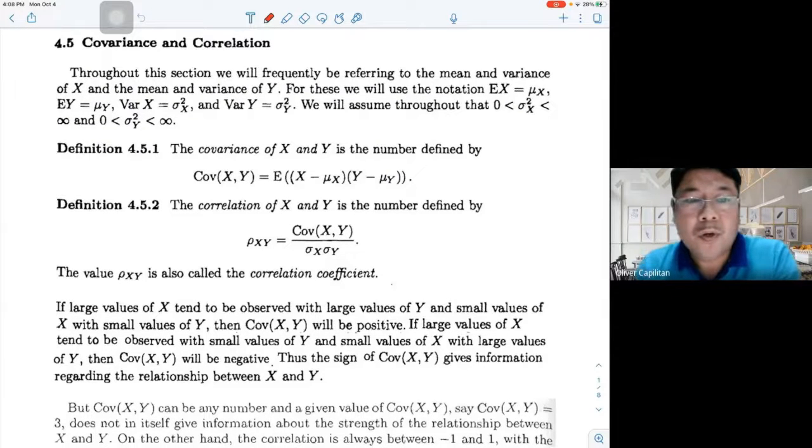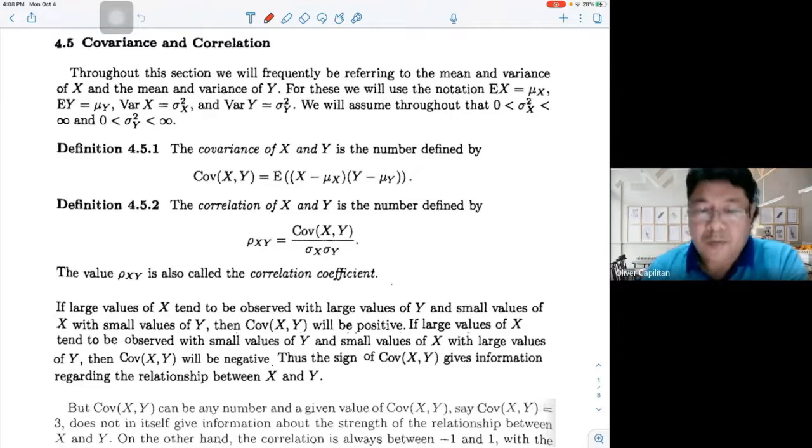Okay, so we are now on section 5 of chapter 4, covariance and correlation. These are actually two numerical measures of the strength of a relationship between two random variables. For our notations, the mean of x can be expressed as mu sub x.